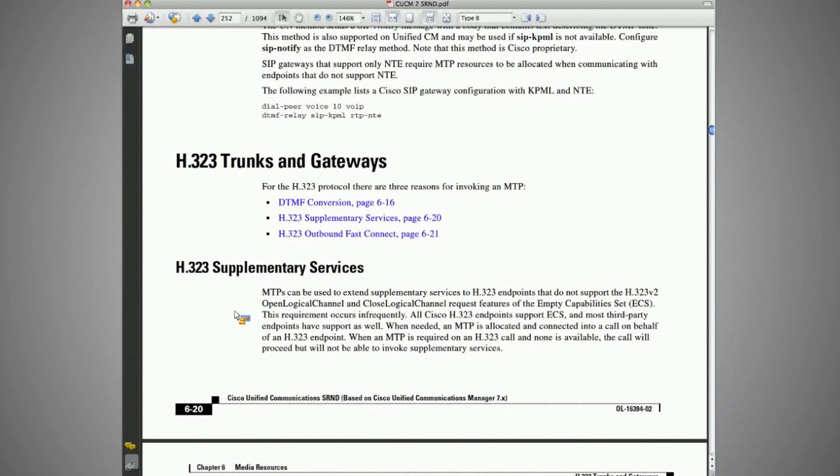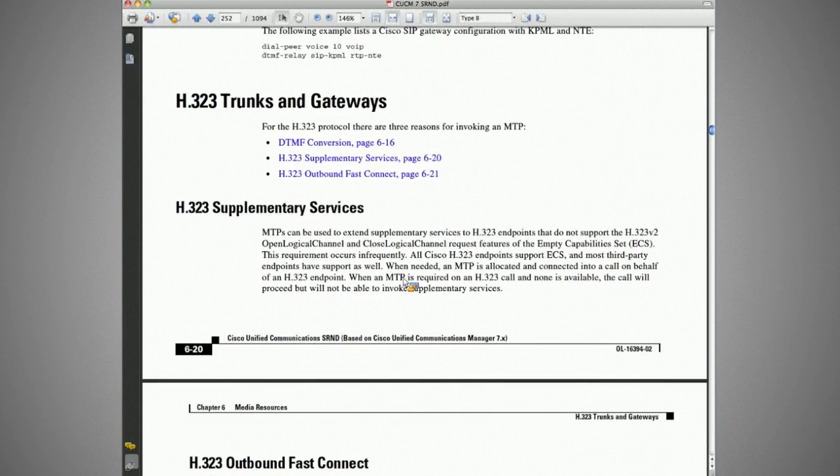However, H450 can be used, it's just that CUCM won't support it, so that's actually where we'll get into, in a few weeks, the CUBE module, border element. But an MTP can be required if the other side does not support ECS.